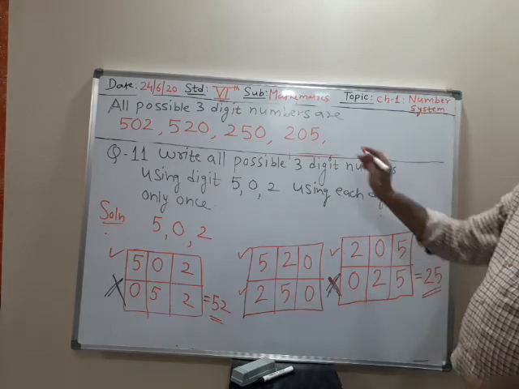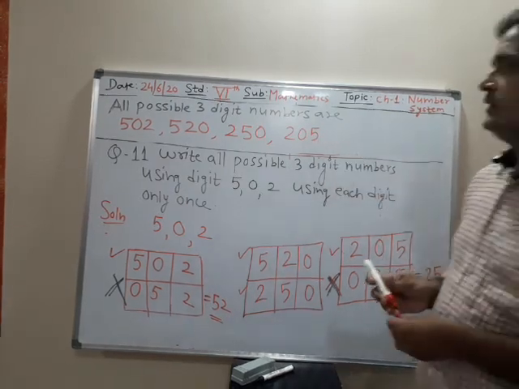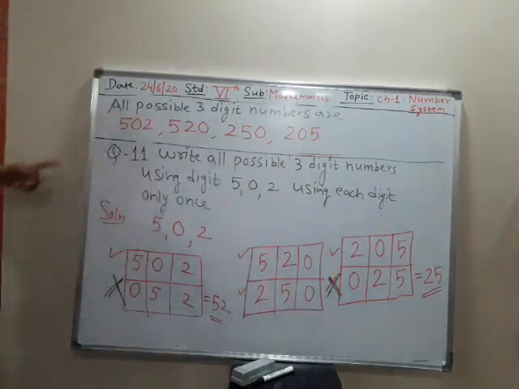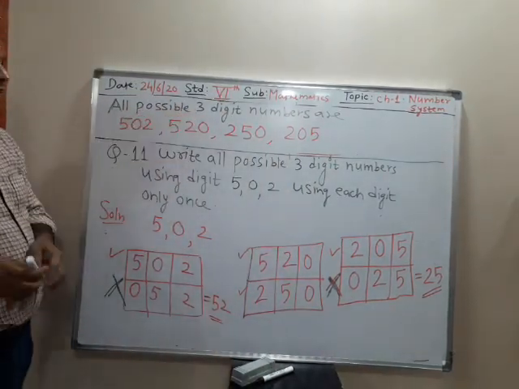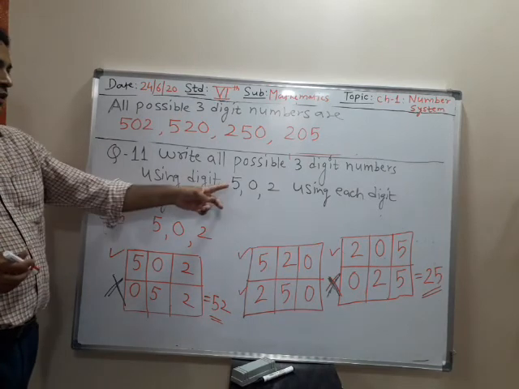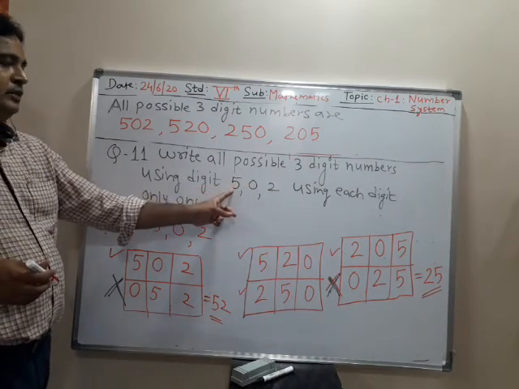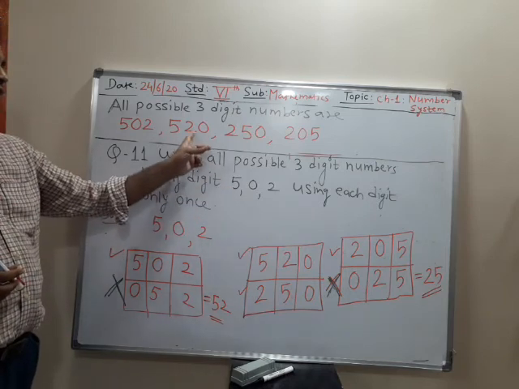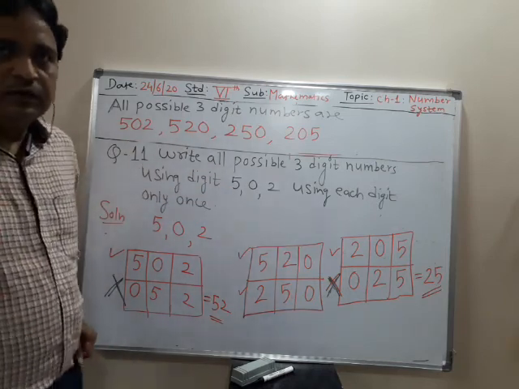We want 3-digit numbers. So only these 4 numbers are there. All 3-digit numbers using the digits 5, 0, 2 give us these 4 numbers. Okay, write fast.